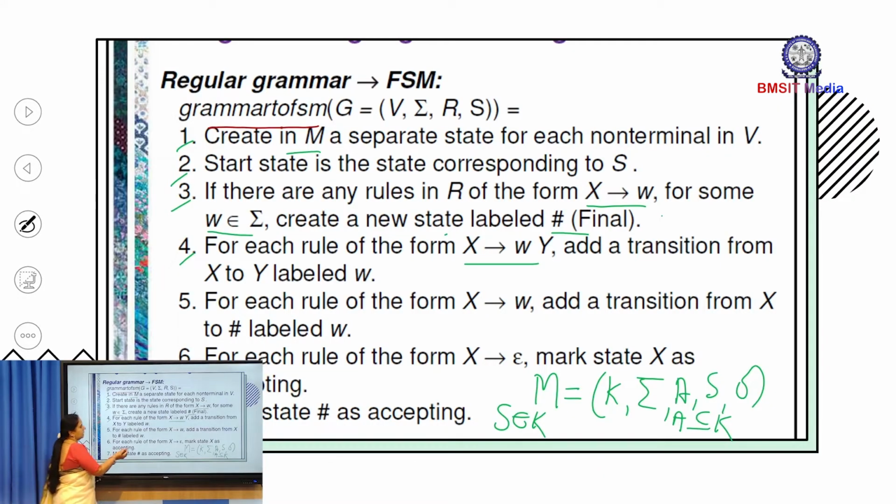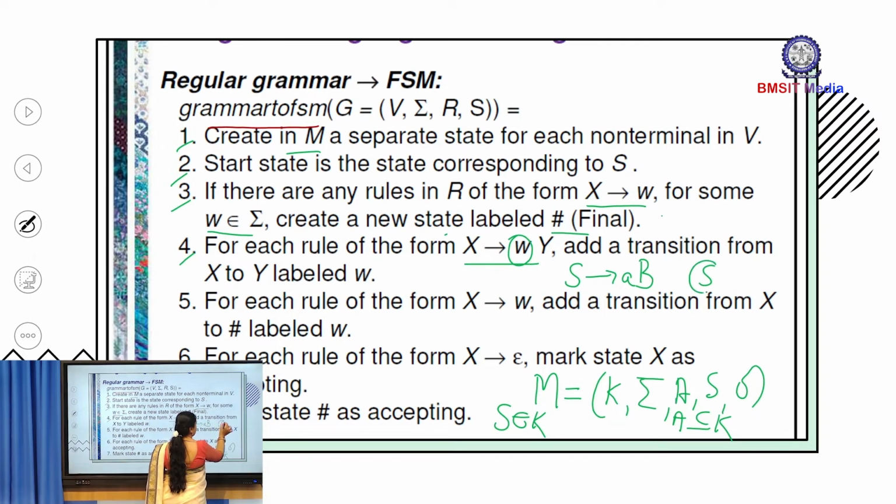Since capital X and capital Y are both non-terminals, we have already defined separate states for them in step 1. So we only have to connect those states with a transition whose input symbol is labeled w. For example, if I have S tends to small a and then capital B, this means that I need to have two states.